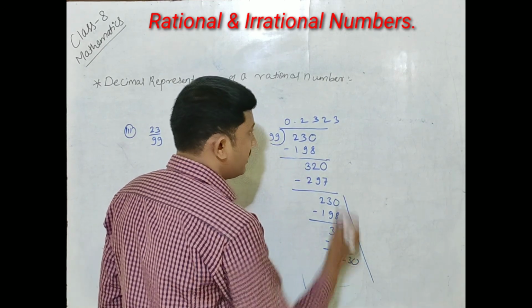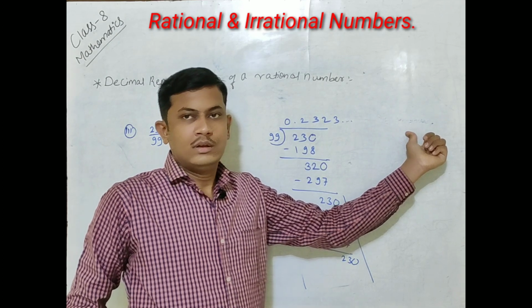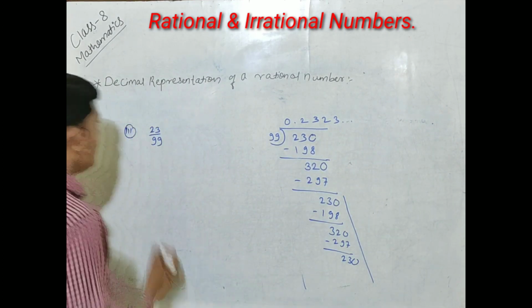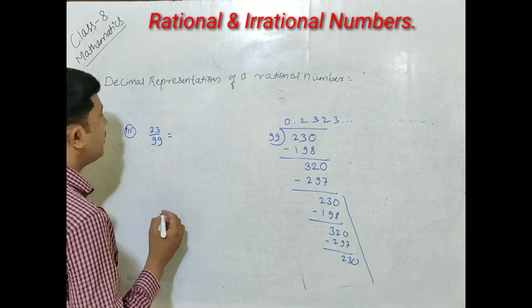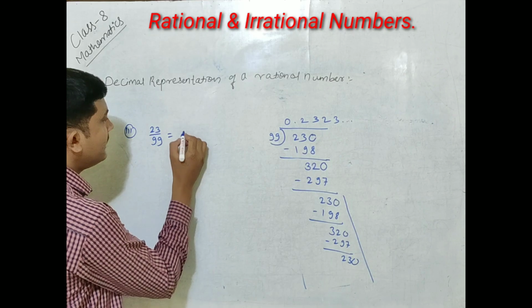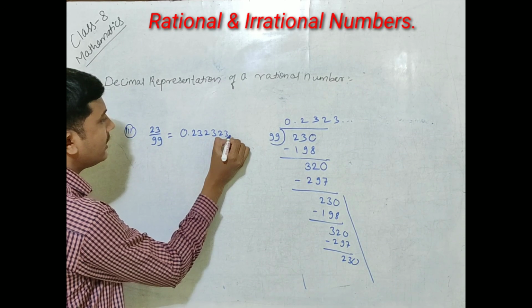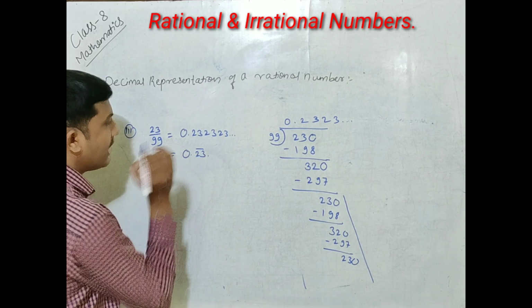Here remainder is not equal to 0. Then the quotient will also be a recurring one, non-terminating recurring one. So if we denote it, the decimal representation of 23 divided by 99 is 0.232323 dot dot dot, which is equal to 0.23 with a bar.